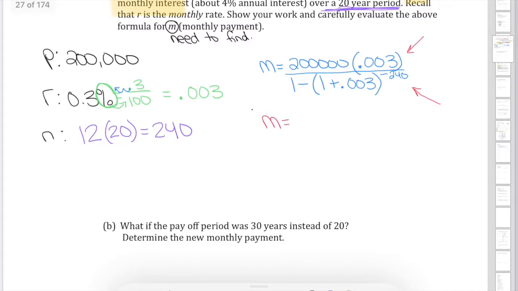So I'm not even going to bring up my calculator for that. I'm just going to have you practice plugging it in. 200,000 times 0.003 should get you 600. And you're done with PEMDAS and all your simplifying on the top. It was just multiplication, so the top is good.